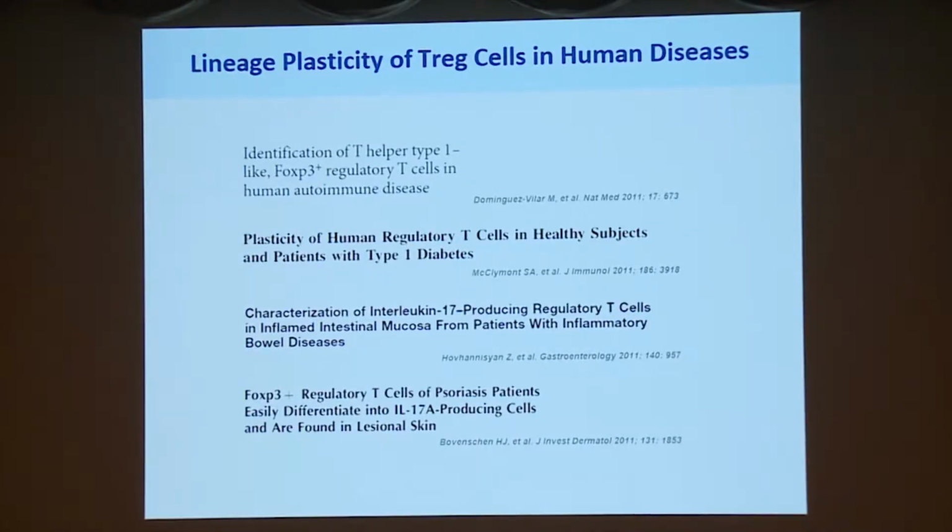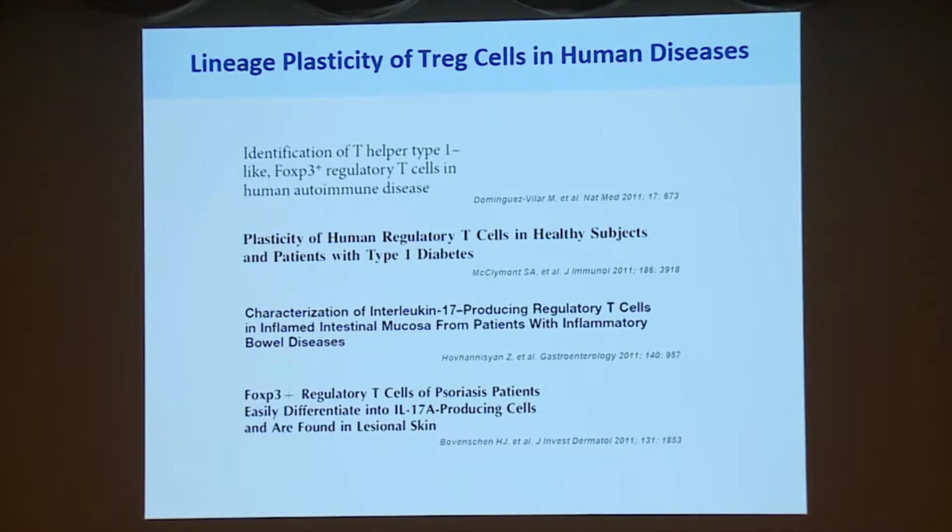In fact, since 7 or 8 years ago, this lineage plasticity of Treg cell has been reported in human inflammatory and autoimmune diseases. The helper 1-like Treg cell, meaning interferon gamma producing Treg cell, was initially reported in multiple sclerosis patients.